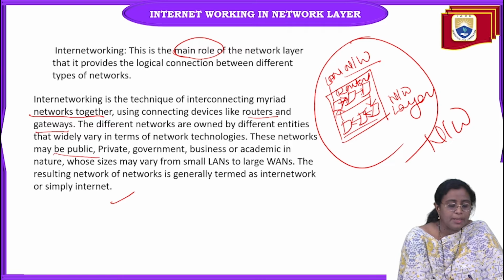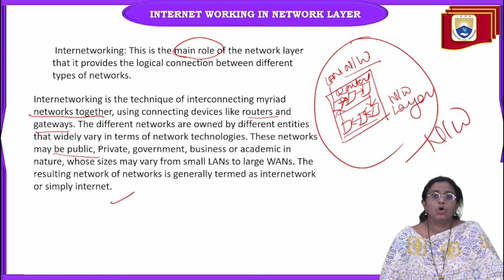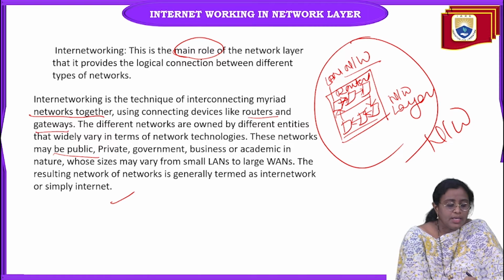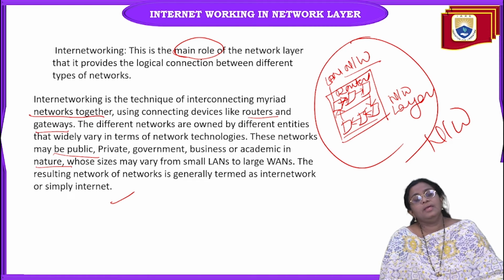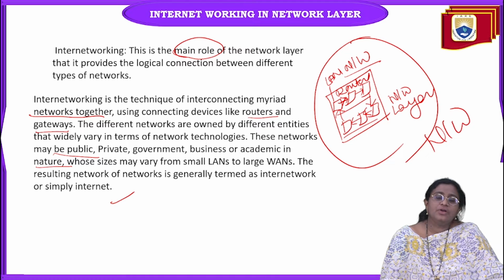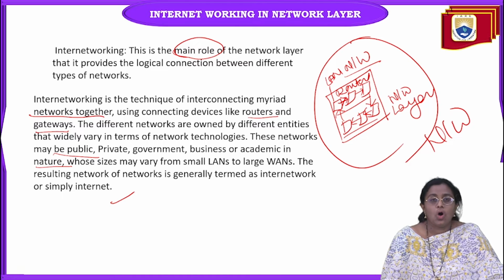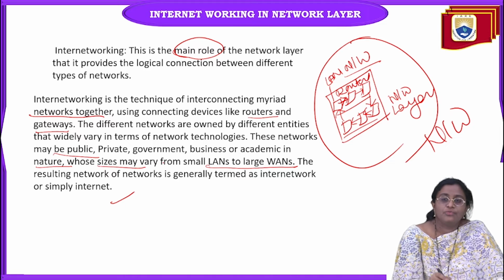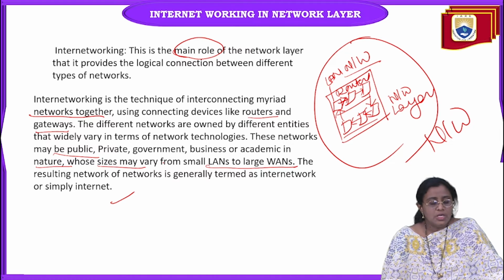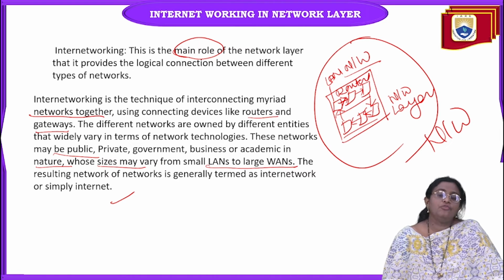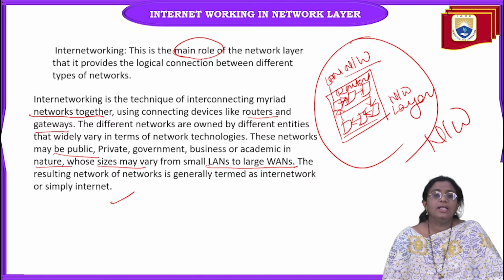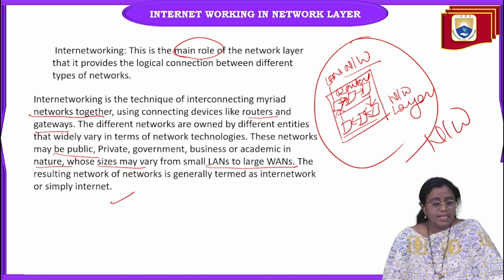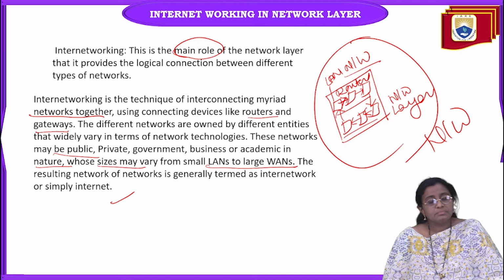These networks may be public, private, government, business or academic in nature, and may vary in size from LANs to large WANs. The resulting network of networks is generally termed an internetwork, or simply the internet.